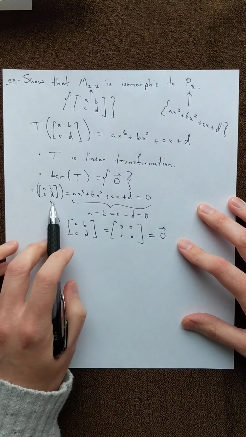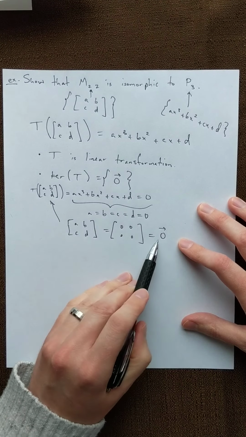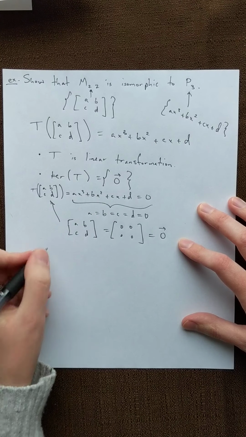Okay, so if something is in the kernel, if it gets sent to 0, we showed that it has to be actually the 0 vector in the first place.